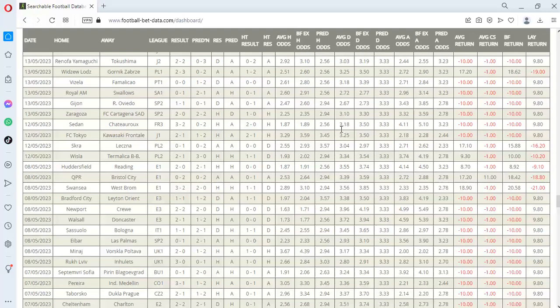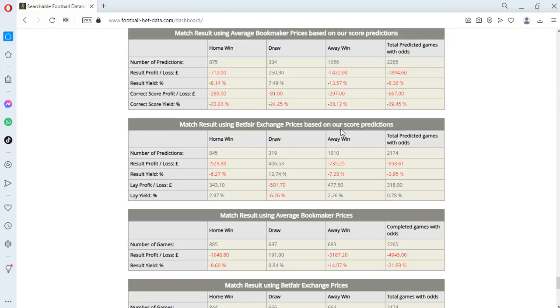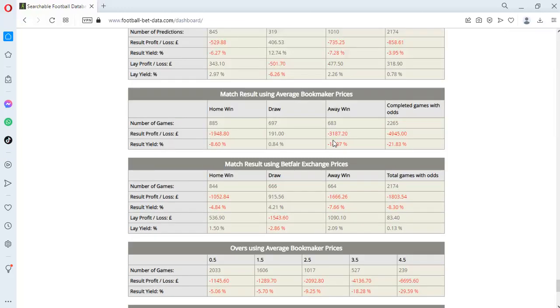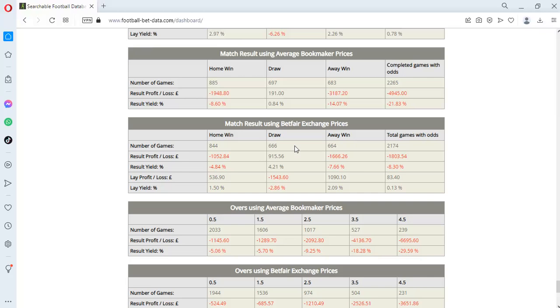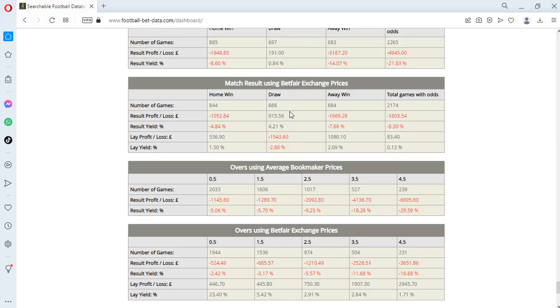I'm just going to scroll down to the bottom and show you. If we did nothing at all and we just backed these games using the Betfair exchange price, you can see here, if we backed all of those 2,174 games, if we backed the draw, there would have been 666 with an overall profit of £915.56.